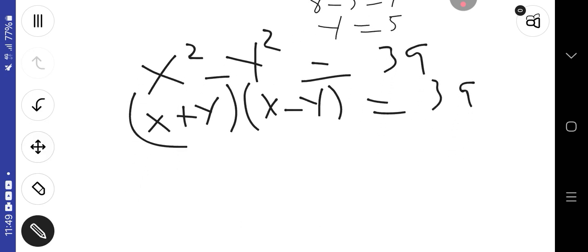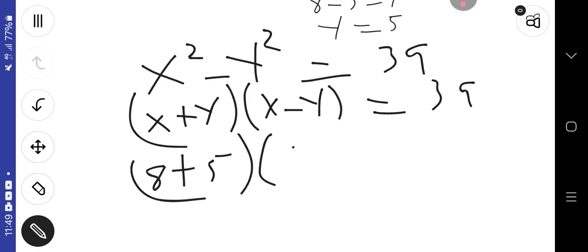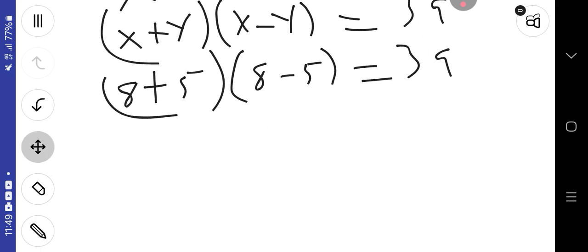So you're going to have 8 plus 5 multiplying 8 minus 5, equal to 39. This gives us 13.